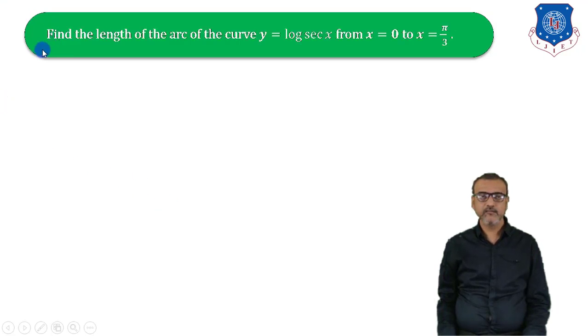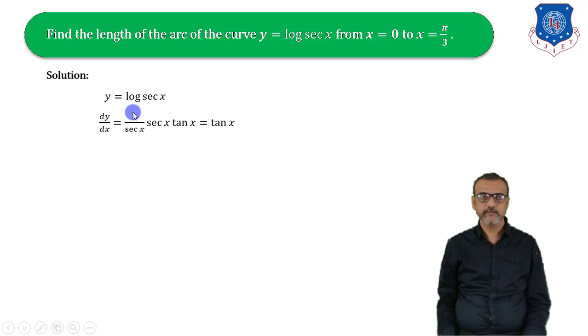Now we will see one example related to this topic. Find the length of the arc of the curve y equals log sec x from x equals 0 to x equals pi by 3. So here is the solution. Here the given curve is y equals log sec x. First we will find its derivative, dy by dx.